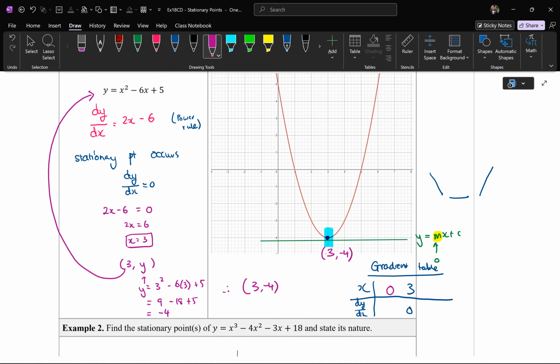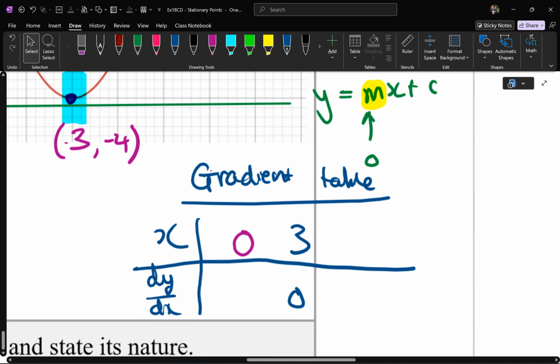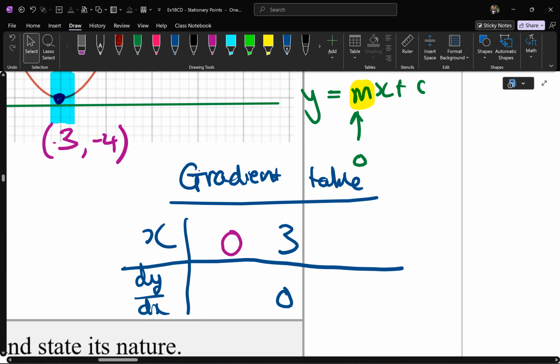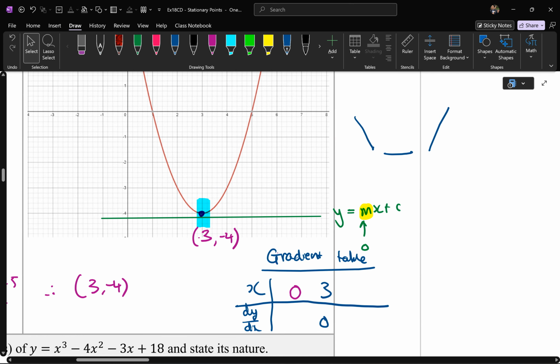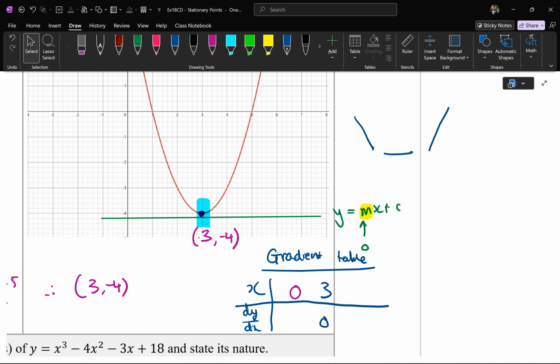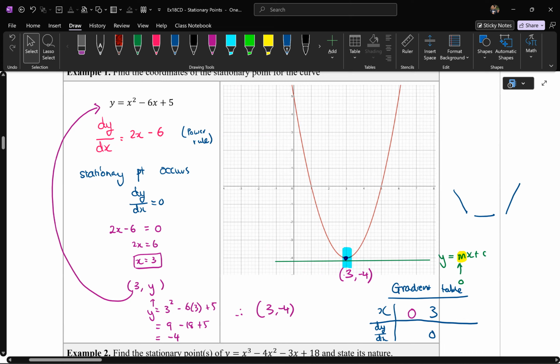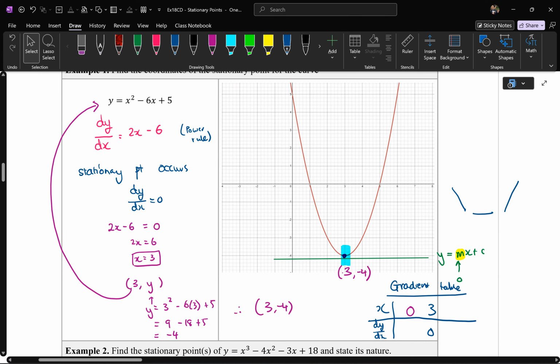I'm saying when x equals 0, and I want to know that the gradient is definitely going to be negative on the left of 3, where do I sub 0 in to show that?